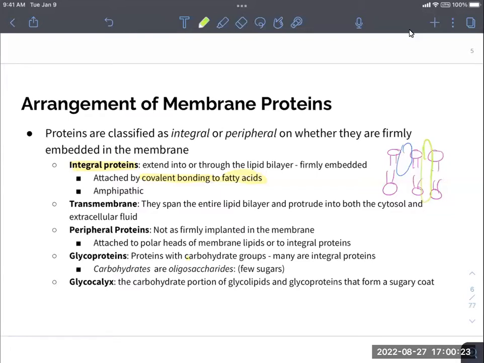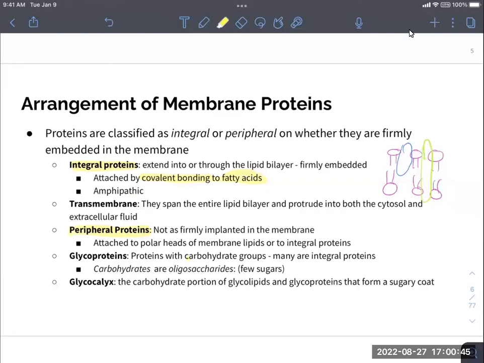We also have peripheral proteins. They're not very firmly embedded in that membrane. They're attached to the polar heads, or they could also be attached to the different integral proteins.